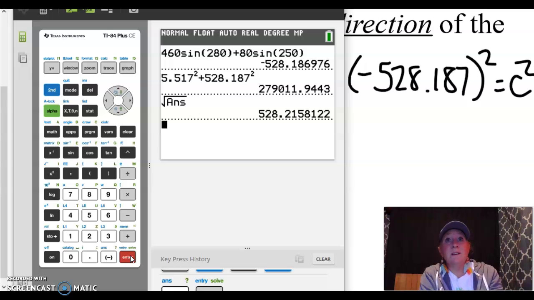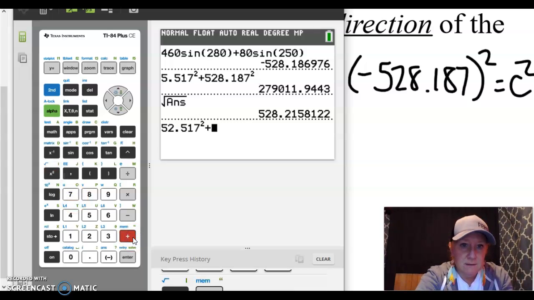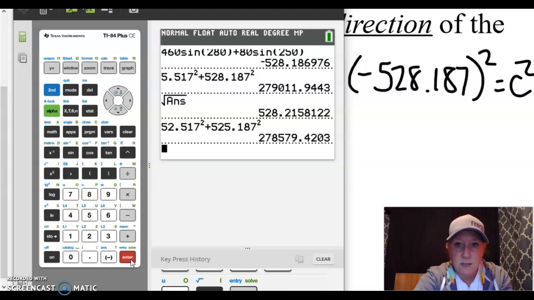So what is the resultant? Do you see what I did? I missed something. Okay, so 52.517 all squared plus 528.187 all squared.